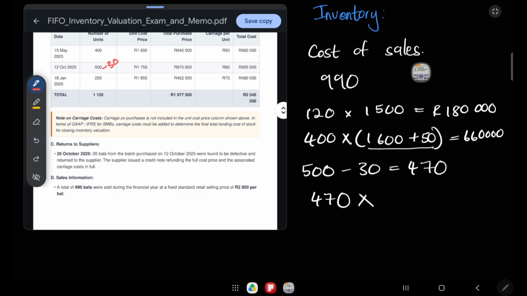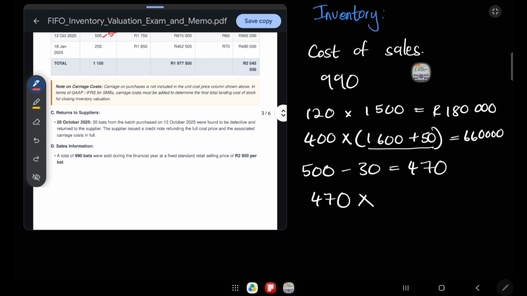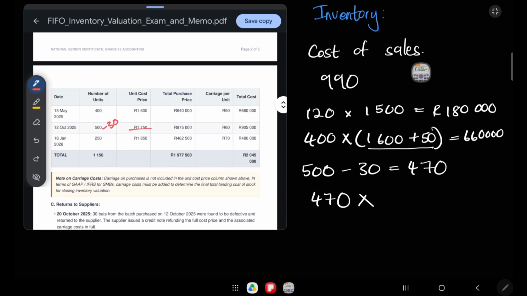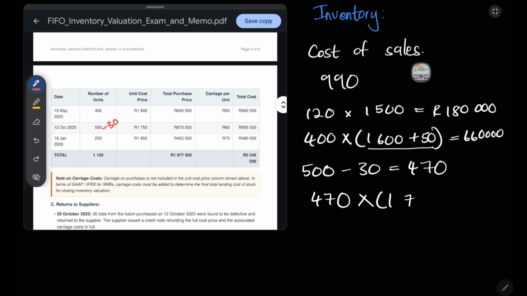We sold 990 units. So we have to consider the cost price of the 12th of October, which is this 1,750. But because you play around with the figures, you don't forget your carriage. So we'll say 1,750 plus 60. Okay, so 470 times 1,750 plus 60.